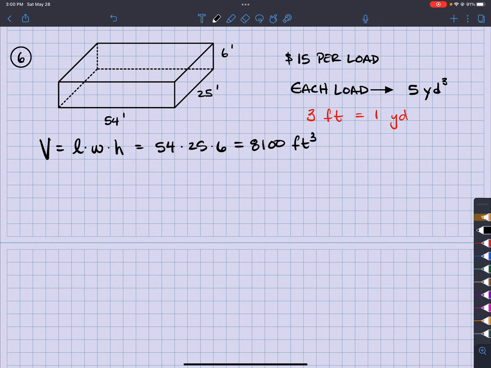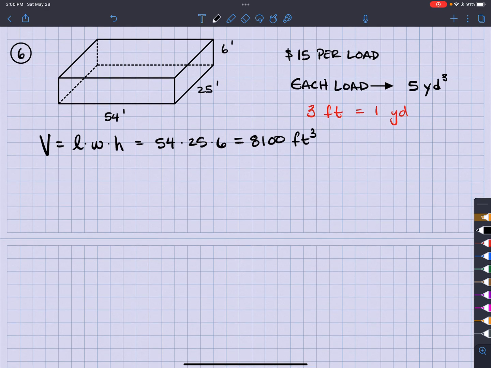Okay, so let's go ahead and take the 8,100 cubic feet and convert this to cubic yards, right? So if I look at this, what I have is, I need cubic yards.